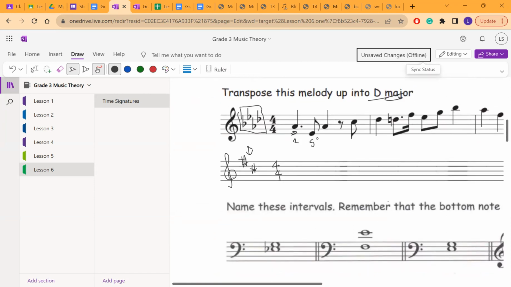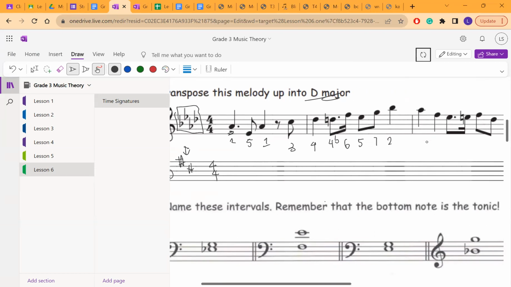Now, scale degrees: 1, 5, 1, 3, 4, 4 flat, 6, 5, 7, 2, 1. Does everyone know where I'm getting these numbers from? Yep. 1, 6, 5.